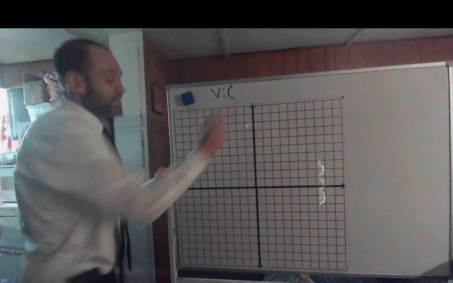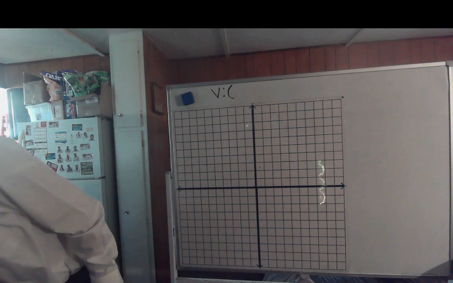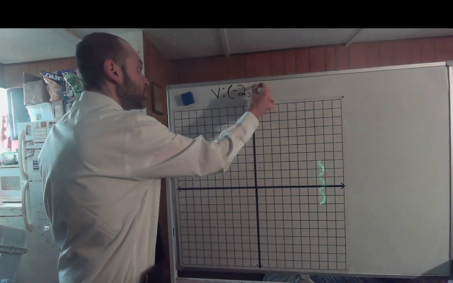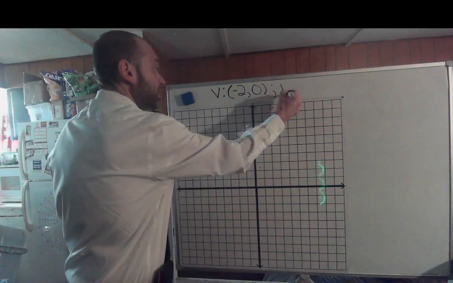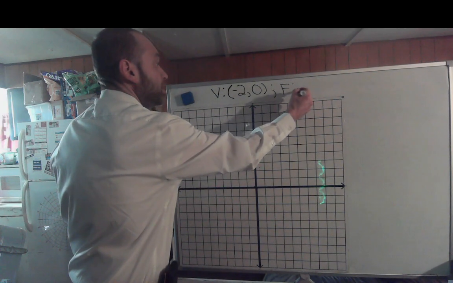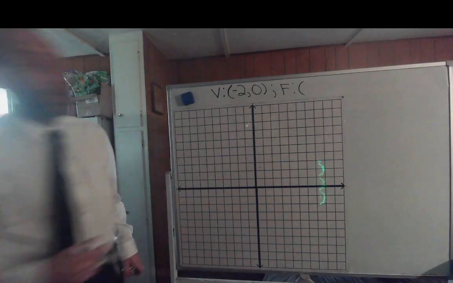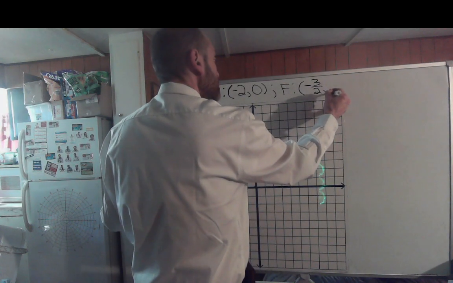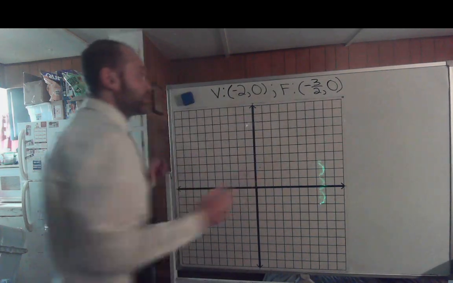The vertex of this parabola is going to be at negative 2, 0. The focus of this parabola is going to be at negative 3/2, 0. And that's all we know about the parabola.